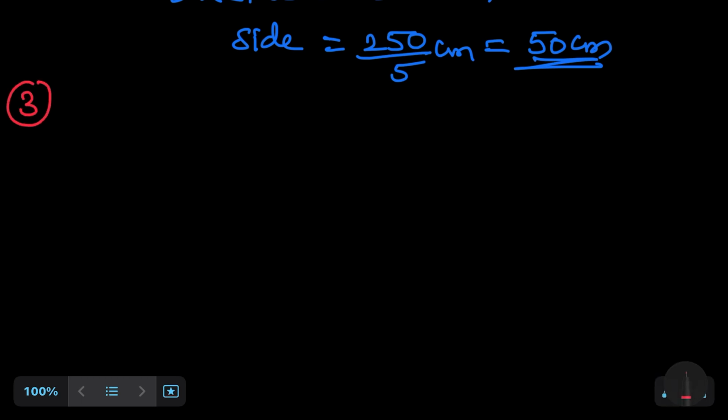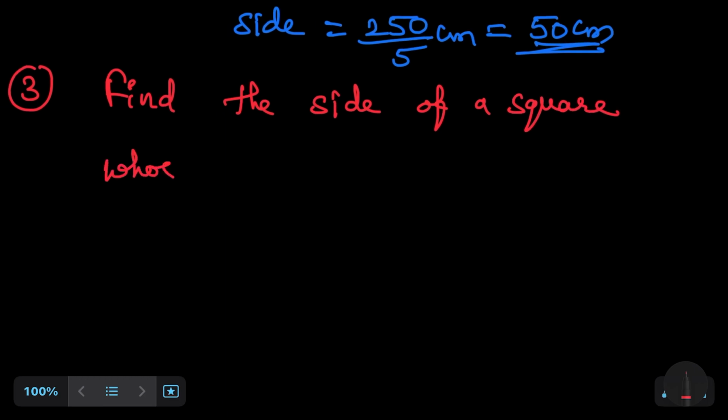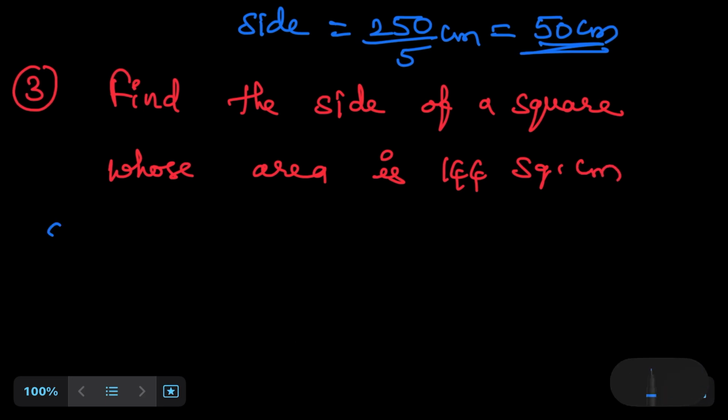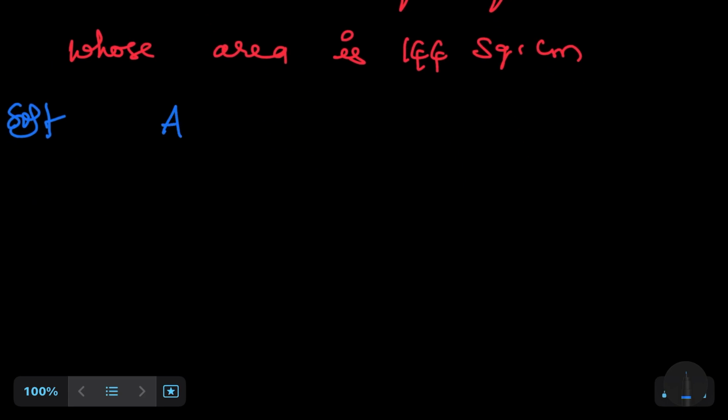Third question. Find the side of a square whose area is 144 square centimeters. See here, area of a square is given, and the side of a square we can find out.